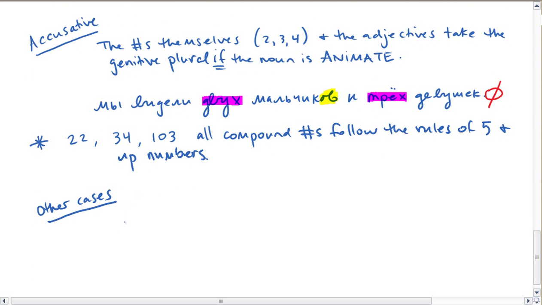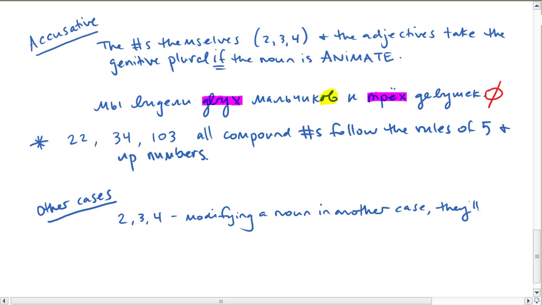And basically, the numbers 2, 3, and 4, if they're modifying a noun in another case, they'll agree with that case, or they'll be in that same case.